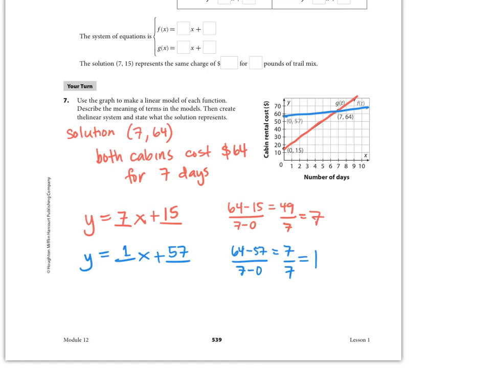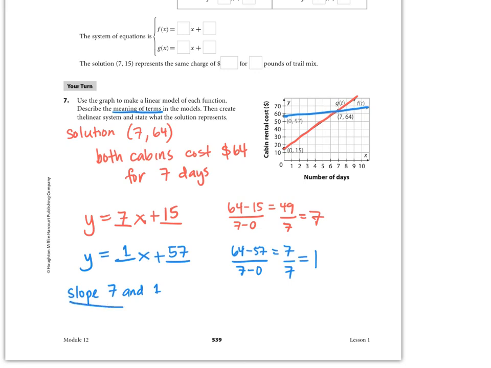Now let's talk about what the meaning of the terms are. That's this part of the directions. The meaning of the terms is, what is 7 and 1? I'm going to be a little more clear here. Our slope is 7 and 1.